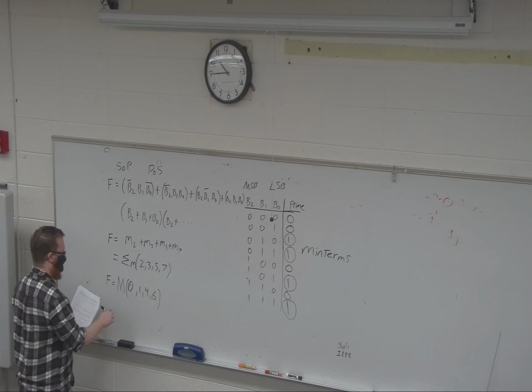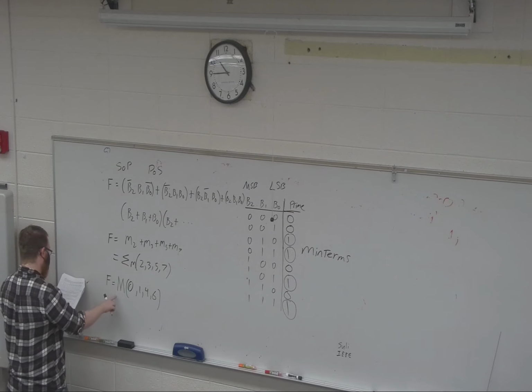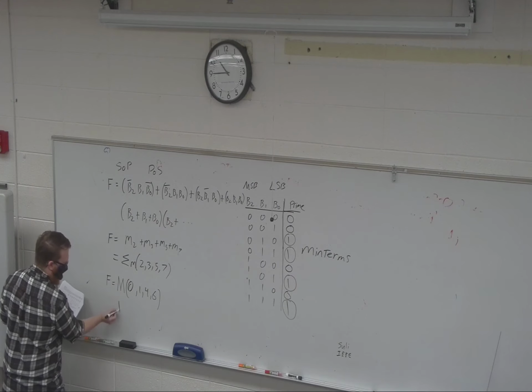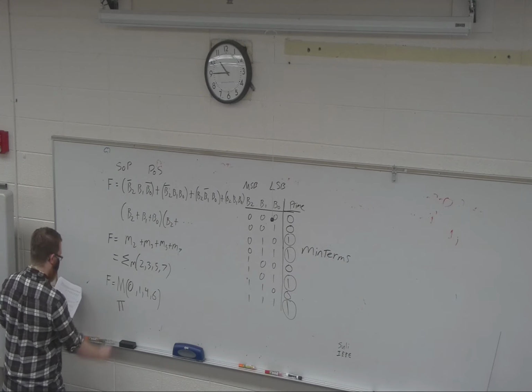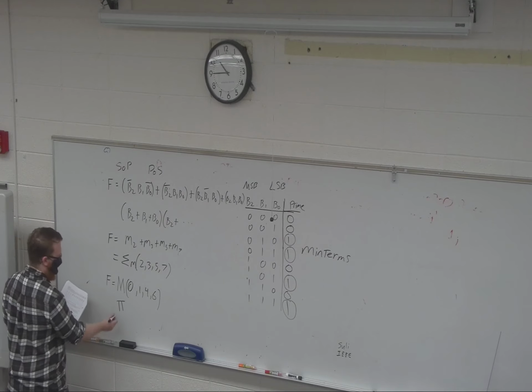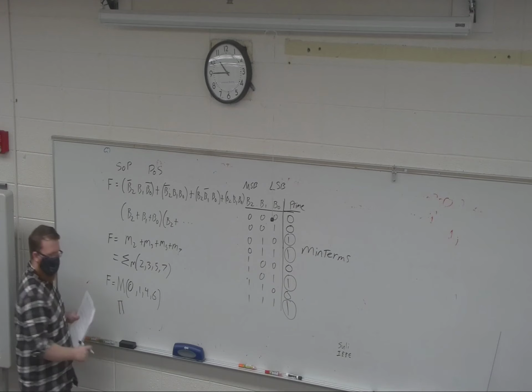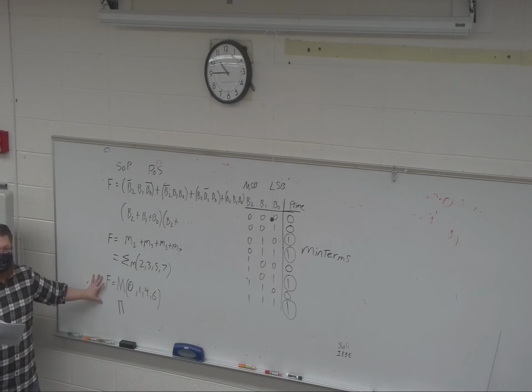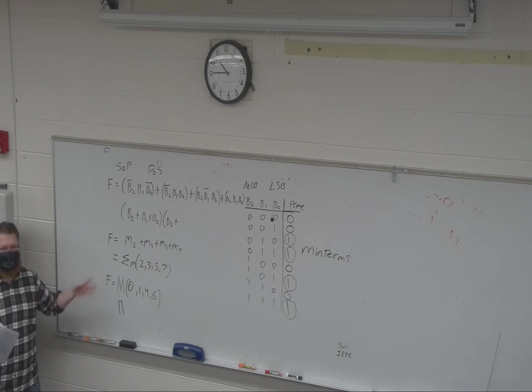The symbol that they like to use is not always this big M. Sometimes you'll also see the Greek letter, I forget. It's not really pi, I don't remember the name for that one, but maxterms are rarely used in textbooks. For whatever reason, almost all examples use minterms, but you need to be aware that maxterms exist.